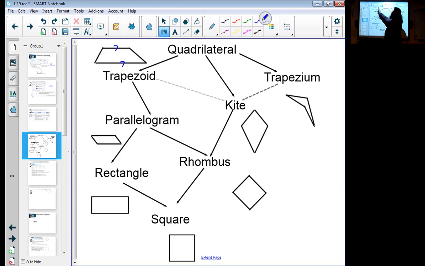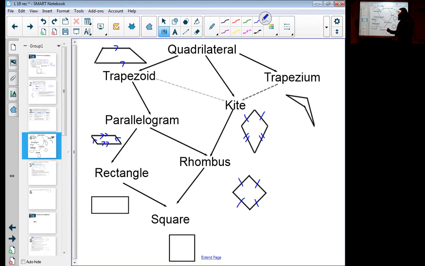So a trapezoid, if we keep having these sides and they go and go, eventually it ends up being a parallelogram where this side and this side are parallel, and this side and this side are parallel. In a rhombus, all four sides are the same, so a rhombus is kind of a combination of that parallelogram and kite, where the sides are the same, but the angles aren't necessarily the same.